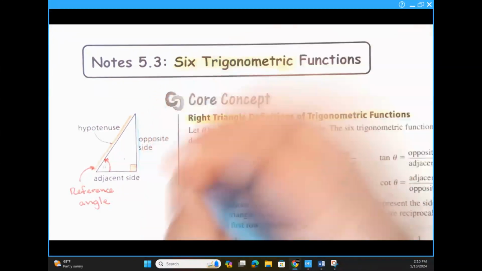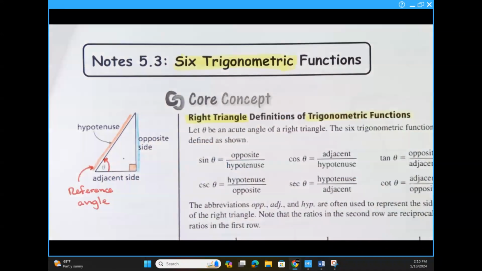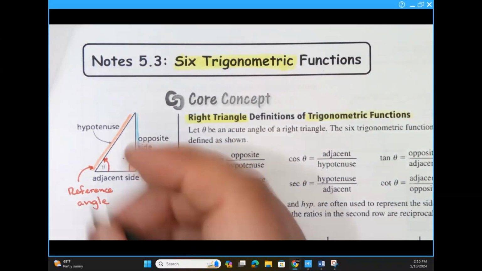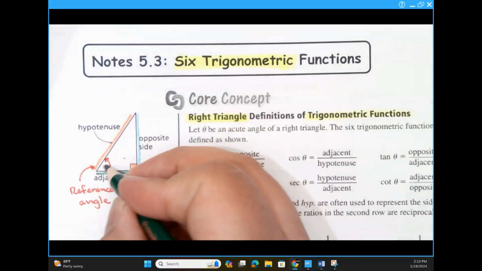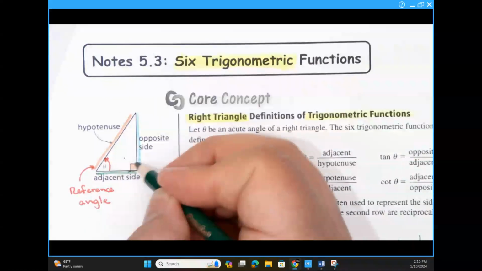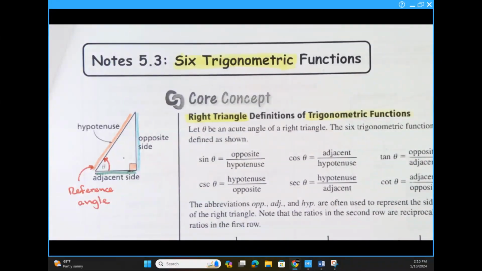This is the side that does not make any contact with our reference angle. And then, of course, we have the adjacent, and the adjacent side is the one that makes contact with the reference angle and with the 90. It's the only one that's between the two. So we're still going to need this concept of the hypotenuse, the opposite, and the adjacent.